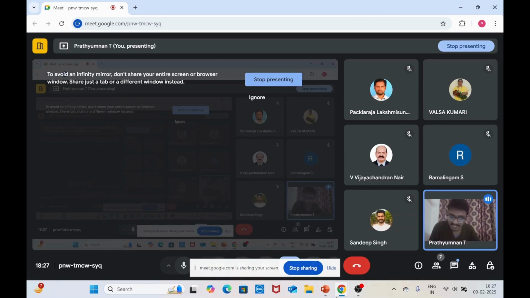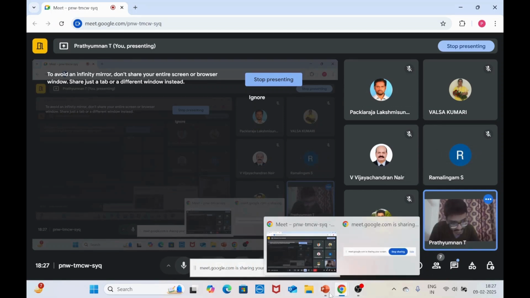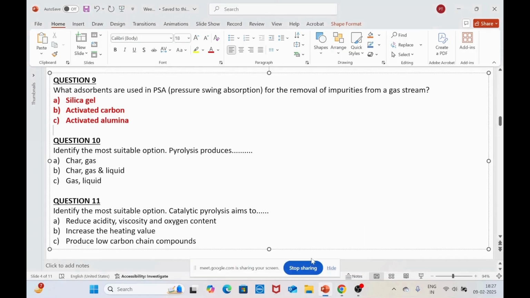Yes, one of the answers is silica gel, but here you have all three options as the answer: silica gel, activated carbon, as well as activated alumina. All three can be used as an adsorbent for this pressure swing adsorption process.